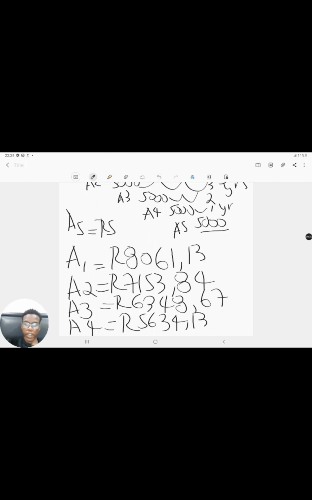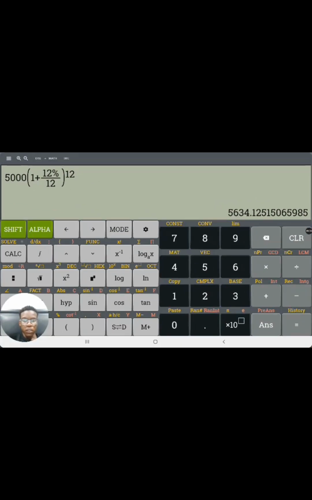Okay, 5000. Then I'm going to add these values up. Let's add these values up. Clear?